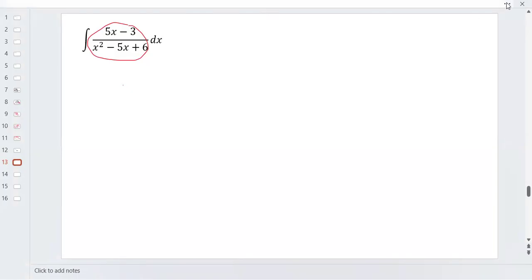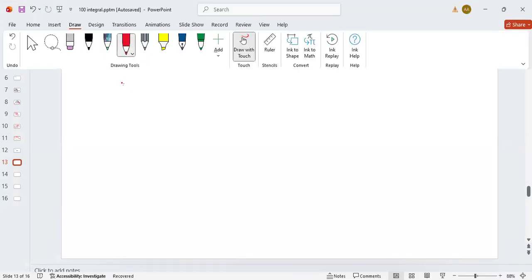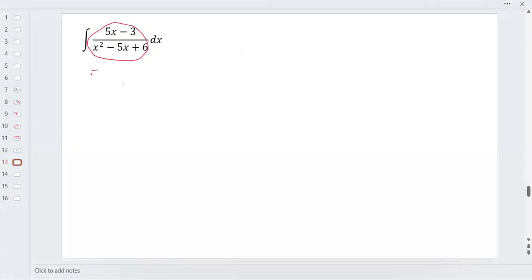All right, so I'm going to pick 5x minus 3 over x squared minus 5x plus 6. Anytime we want to solve partial fraction questions, the first thing you have to check is your denominator: is it factorizable or not?